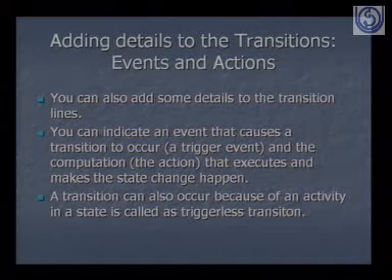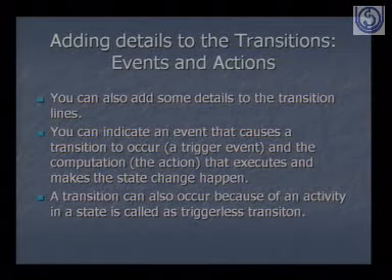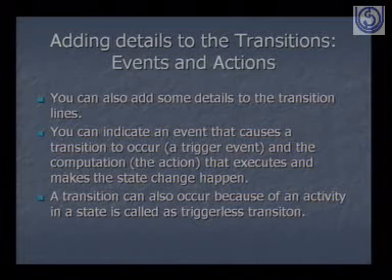That particular event that causes a transition to occur is called a trigger event, and the computation that executes and makes that state change happen is called the action part. One thing is the event happening and the other thing is simultaneously the action upon the event. So both the things I can represent on the state diagrams.